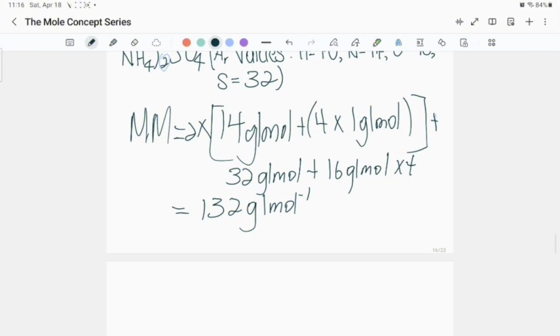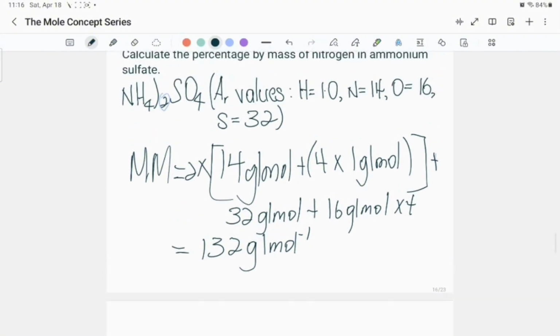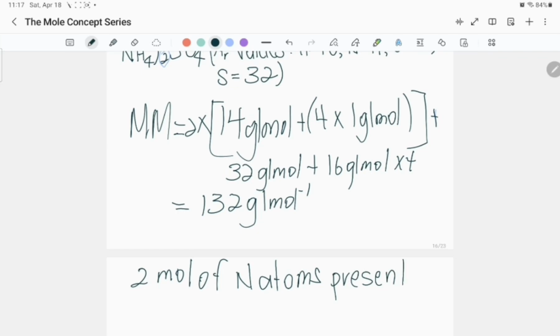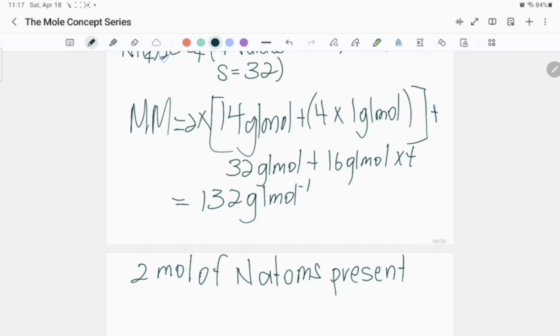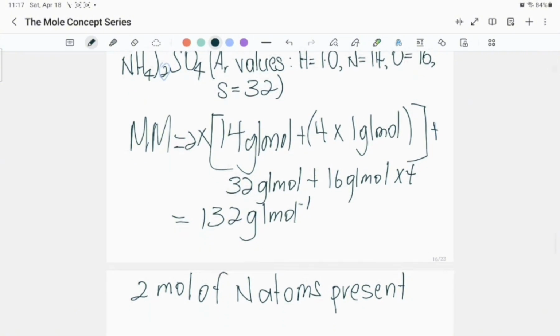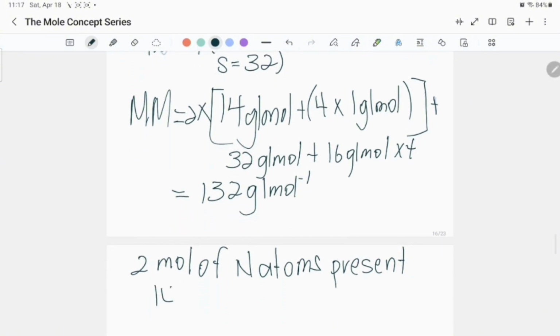So looking at the formula, there are 2 moles of nitrogen atoms present, and the Ar value of nitrogen is 14.